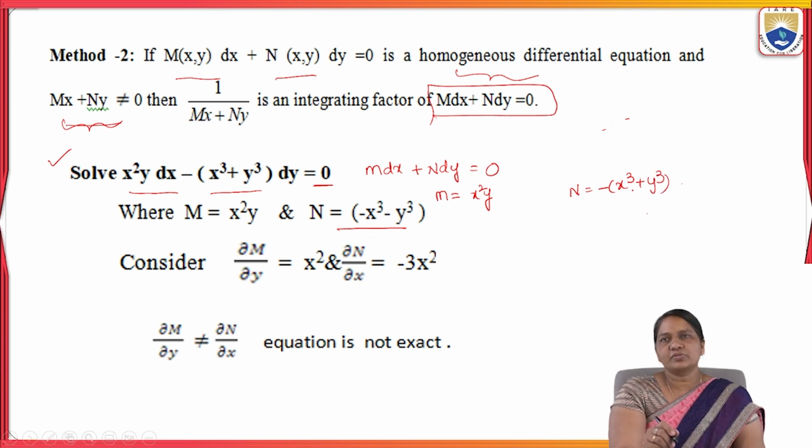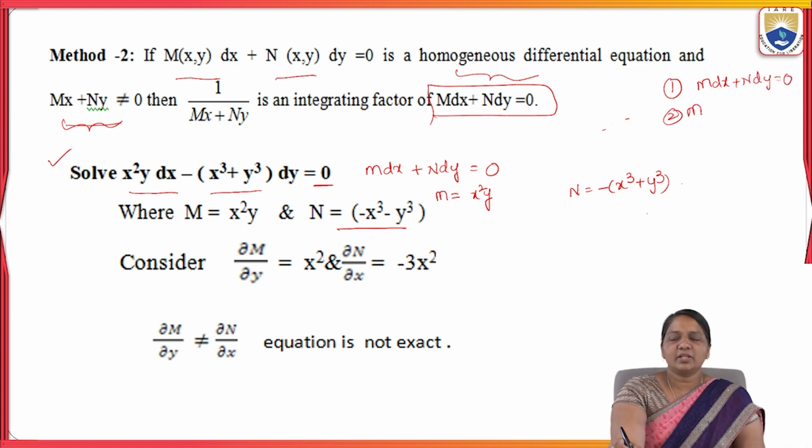The procedure we are going to follow to solve the non-exact differential equation is the same as what we followed for the exact. First we compare with the M dx plus N dy equals 0 form. After that we identify the M value and N value, and then calculate the dou M by dou y value and dou N by dou x value. If they are equal, then it will be an exact differential equation.